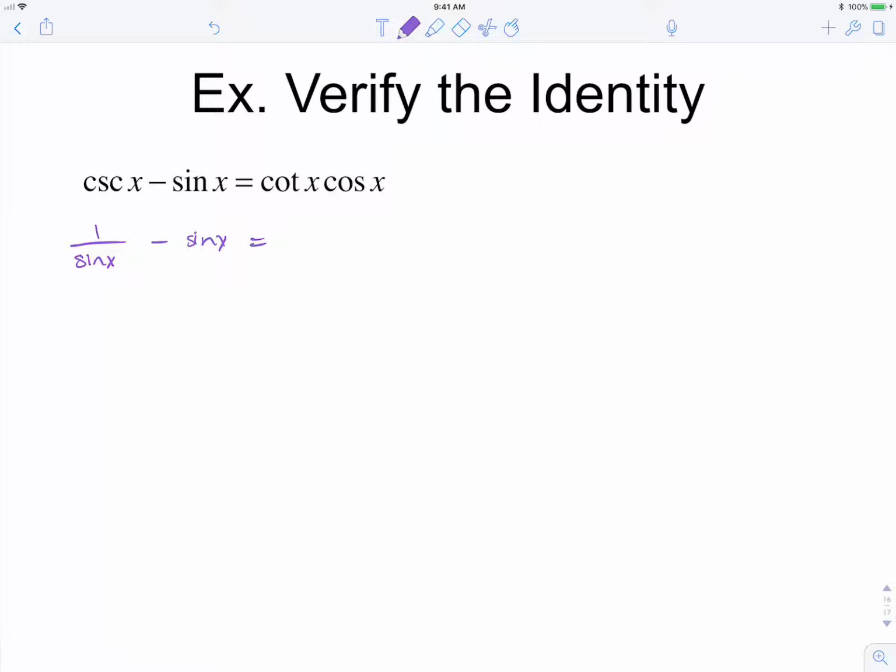And then if I get a common denominator, I'll have 1 minus sine squared over sine. The numerator here is equal to cosine squared from the Pythagorean identity.